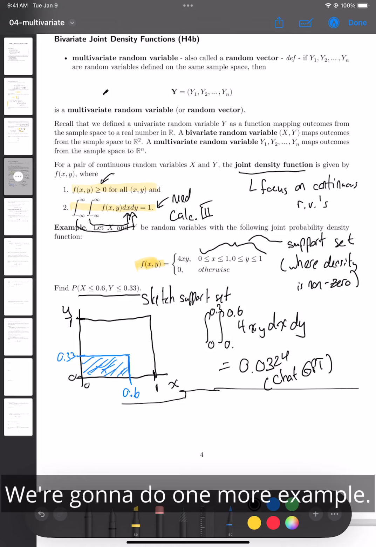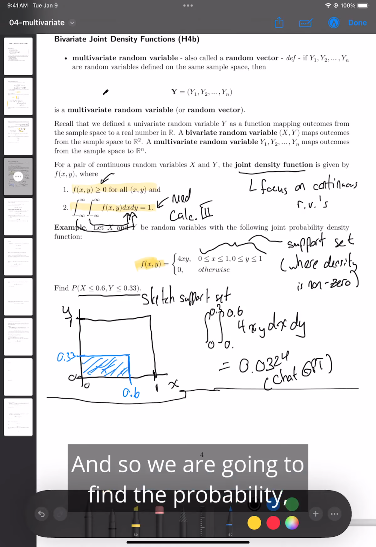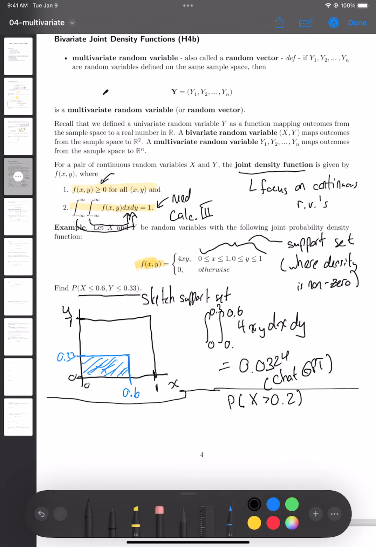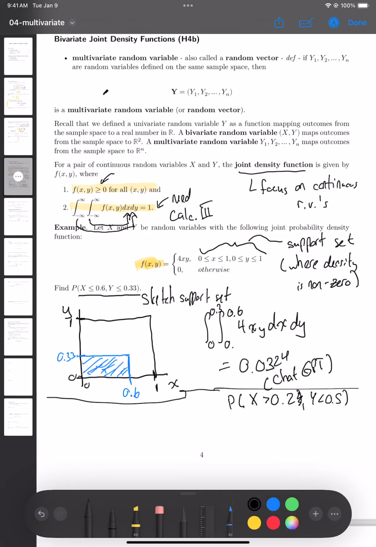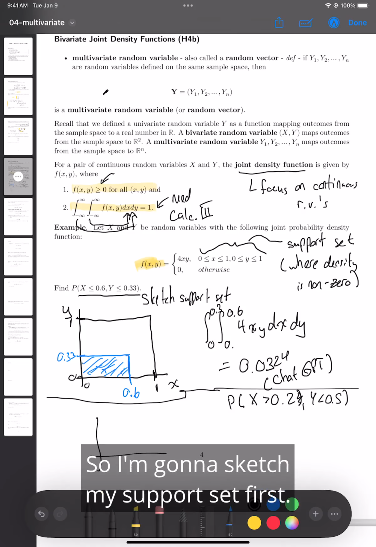We're going to do one more example. And so we are going to find the probability, say, that x is bigger than 0.2 and y is less than 0.5. And again, I'm going to use the same strategy. So I'm going to sketch my support set first.